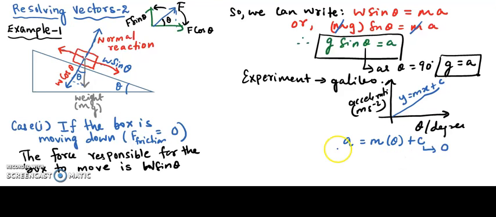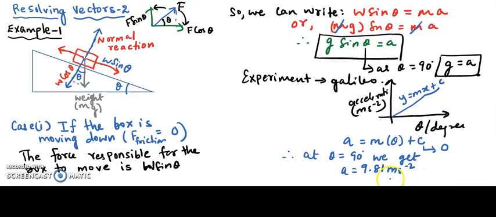Therefore, at theta equal to 90 we get a equal to 9.81 meter per second square. So maybe you can verify this using an experiment also. So this is your case 1.